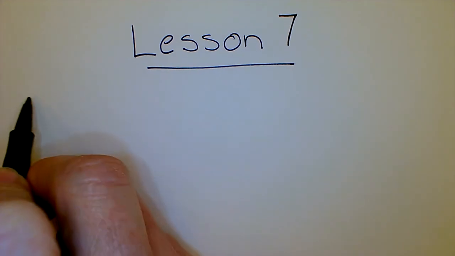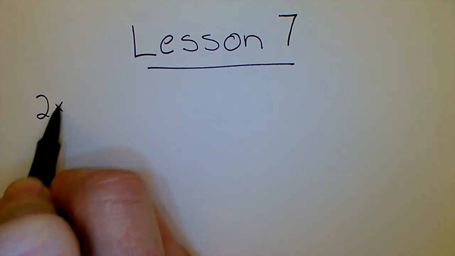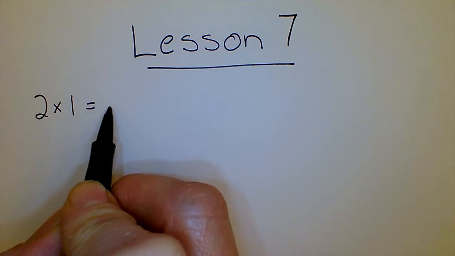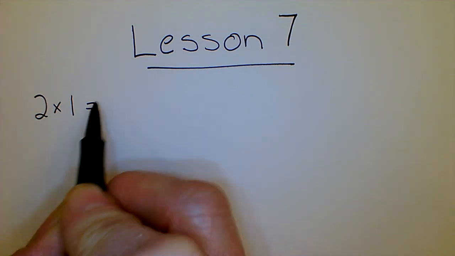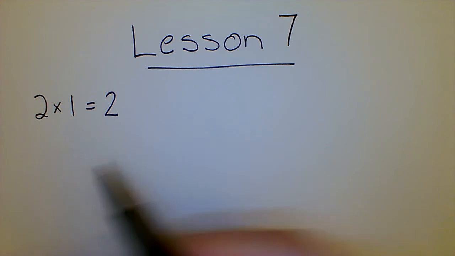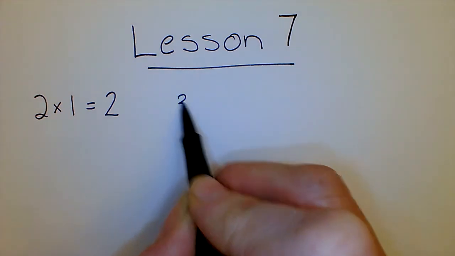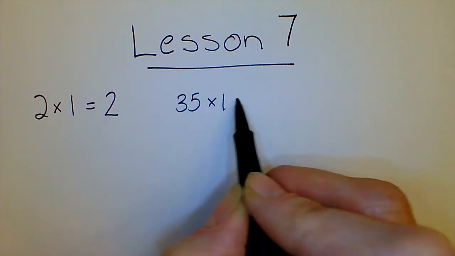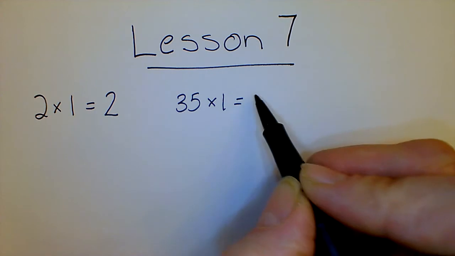So I am sure that you have heard before that 1 is the identity element for multiplication. So what does that mean? That means that if I take a number, say 2, and I multiply it times 1, that 2 is going to stay the same. It's still going to have the same value. It's going to stay 2. Similarly, if I multiply 35 times 1, I'm still going to have 35.